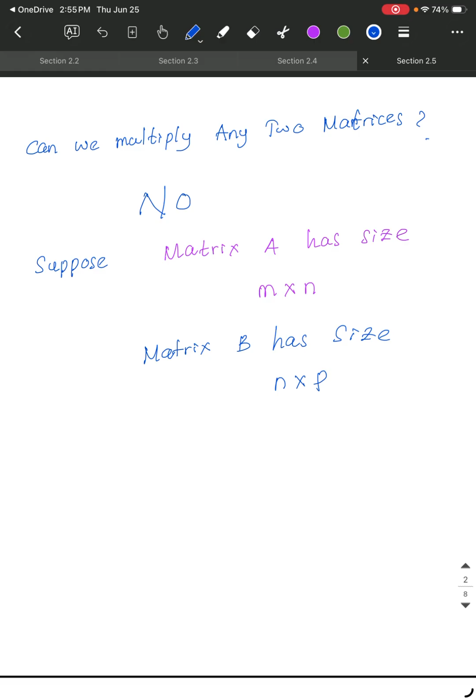Notice something important. The inside numbers must match. If they match, multiplication is possible.